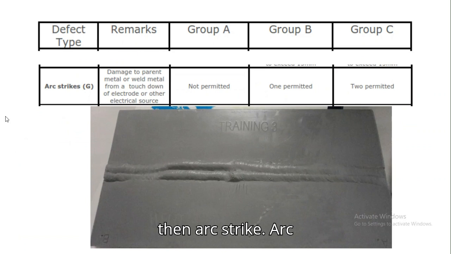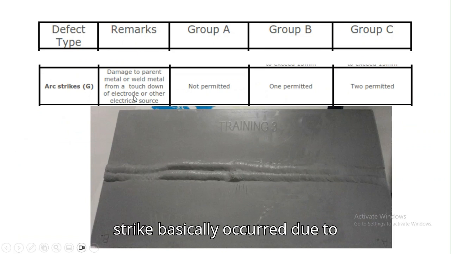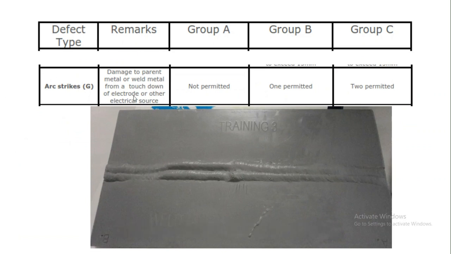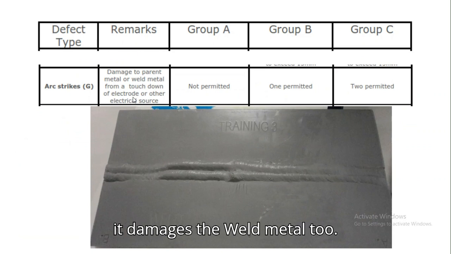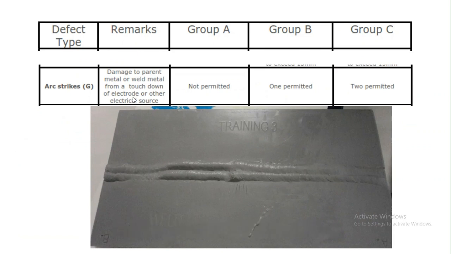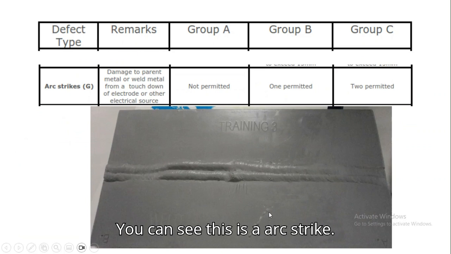Then arc strike. Arc strike basically occurs due to striking of the electrode or due to an electrical source that touches the parent metal. It damages the parent metal, and sometimes it damages the weld metal too. You can see this is an arc strike.